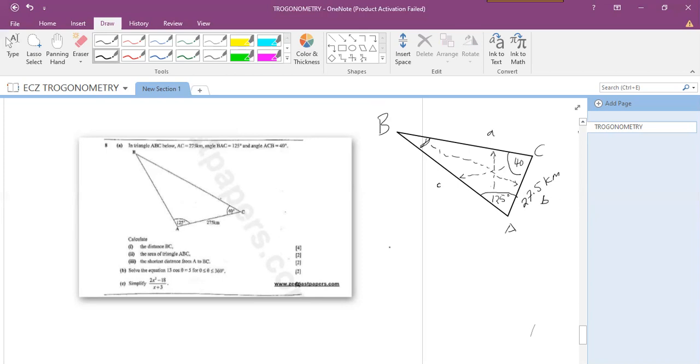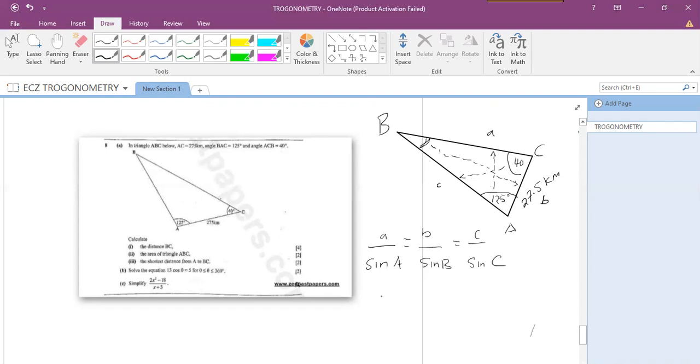Then we're going to state our sine rule. We're going to say a over sine A is equal to b over sine B is equal to c over sine C. Then we start to substitute. Here, a is this side BC they want us to find, right?